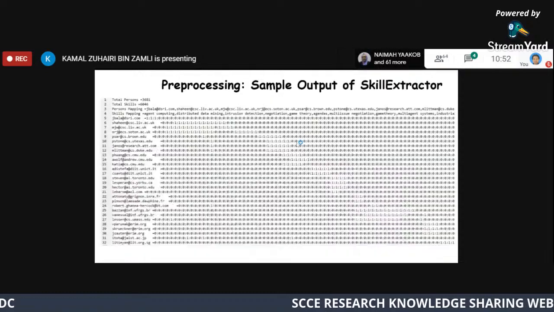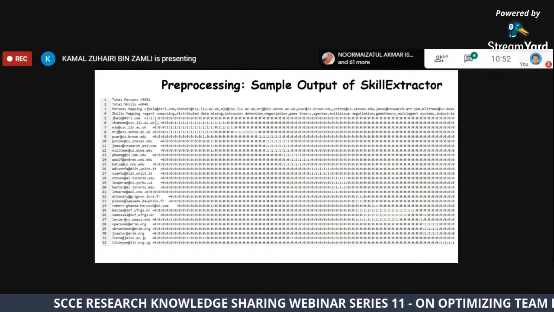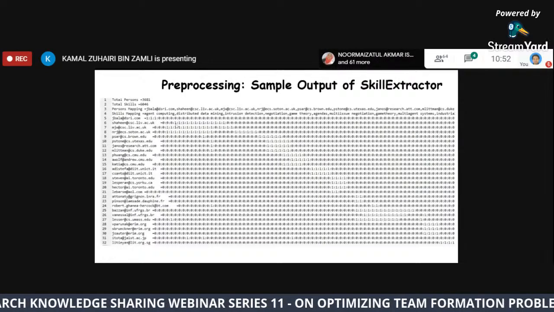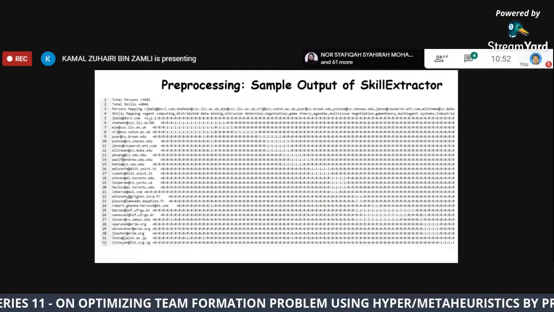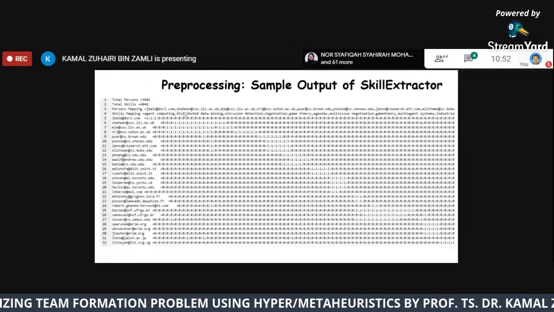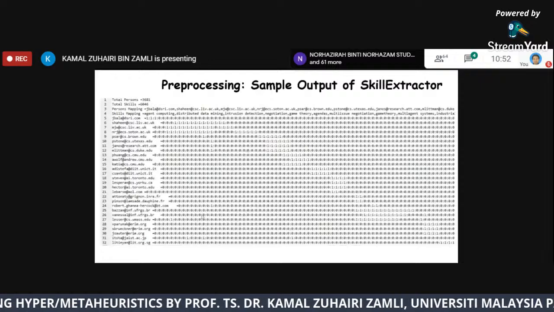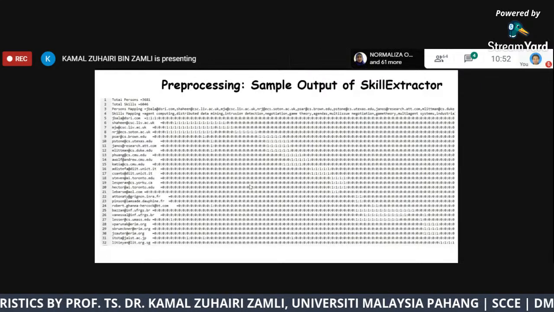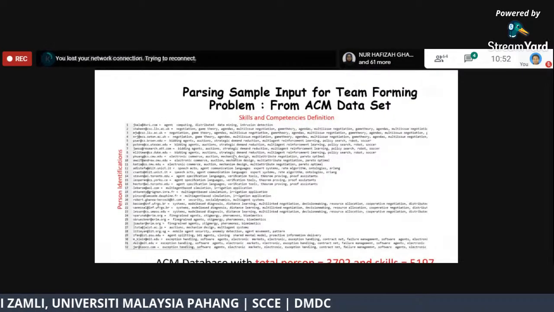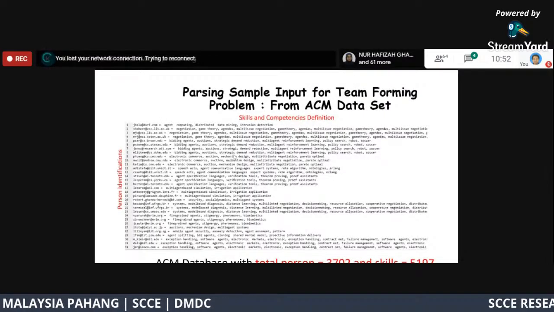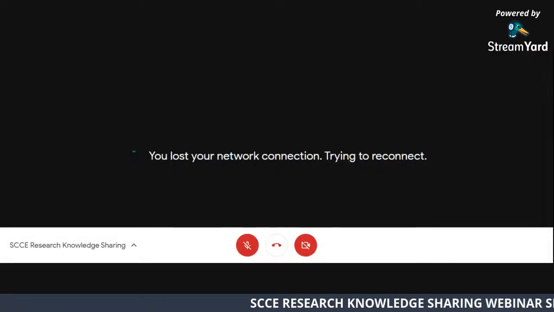This is some sample output from the skill extractor. J. Balasri has these skills: agent computing, distributed data mining, intrusion detection, but not any of the other skills. It's impossible to look into individuals like this, but this is the result from the skill extractor. Actually, in real life these are just matrices, but we show it like this.